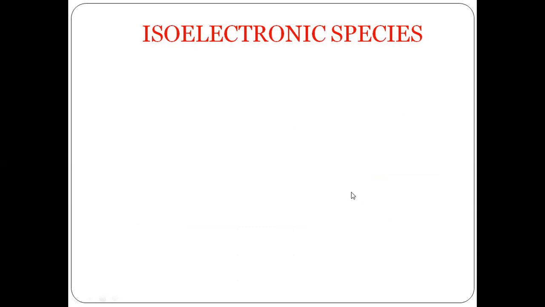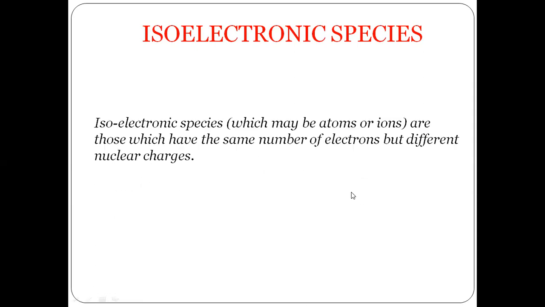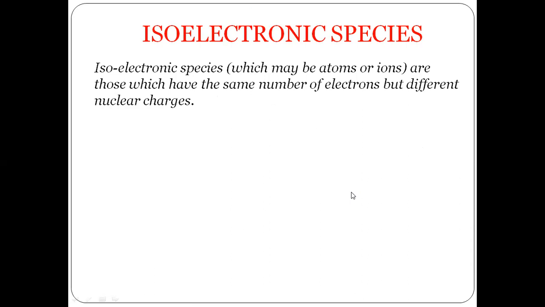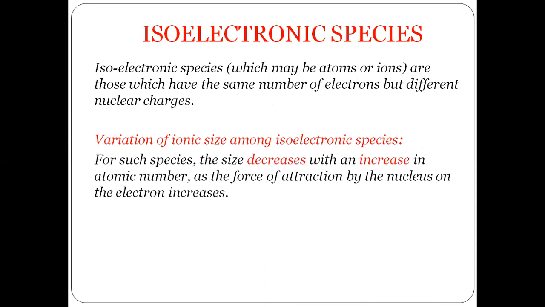They are different species but have the same number of electrons, and since they are different species, obviously they will have different nuclear charges, different atomic numbers, different numbers of protons. So different numbers of protons but the same number of electrons are isoelectronic. And in such cases, a very, very important point to note down is that the size decreases with an increase in atomic number.